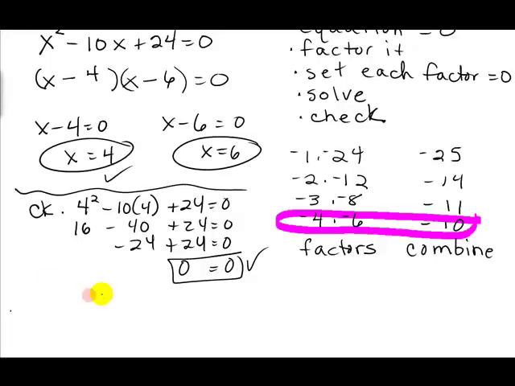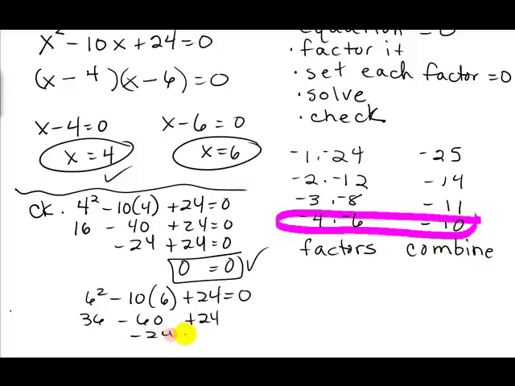Let's check the 6. 6 squared minus 10 times 6 plus 24. Zero equals 0. That's what we want everything in this box to match.